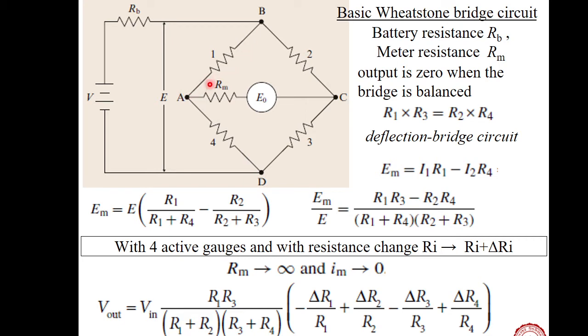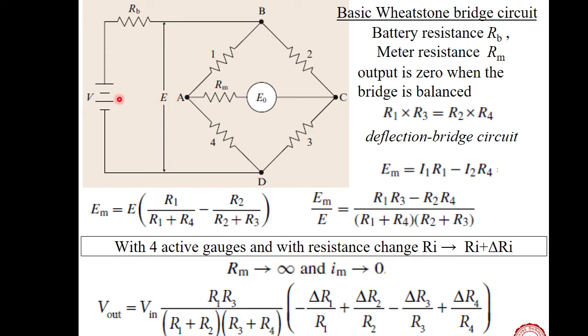I1 into R1 minus I2 into R4, that difference is in this path, right. And then these R1 and R4 values, this is what we have seen earlier, right? So if we substitute that, this is what we get. So E is here, this voltage is taken as E. Okay.